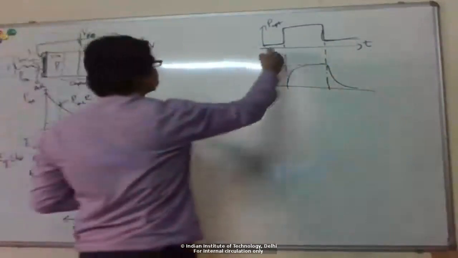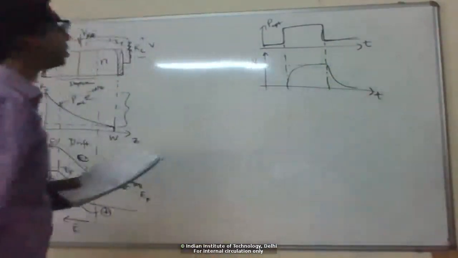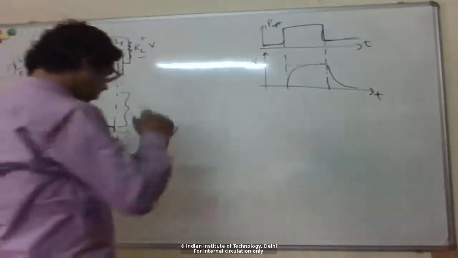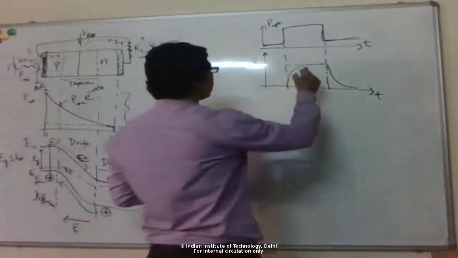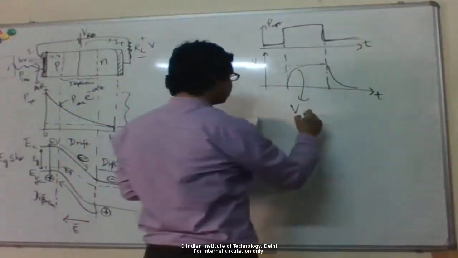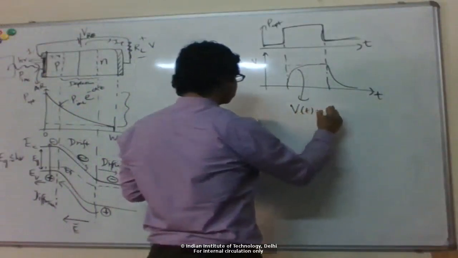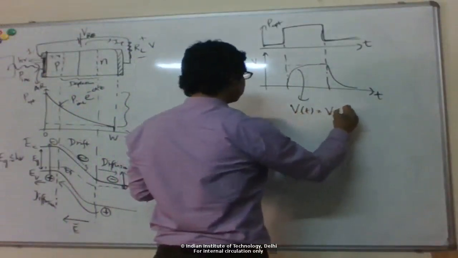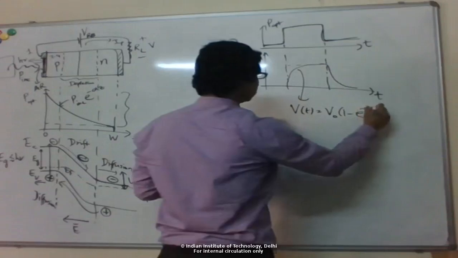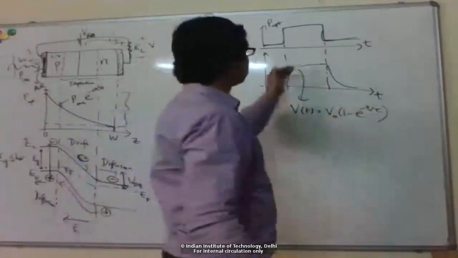Okay, so this is the voltage or the current. So if you look at this response here, this is again like a typical exponential rise. So this is V of t is some V naught times (1 minus e to the minus t over tau), where tau is the time constant.